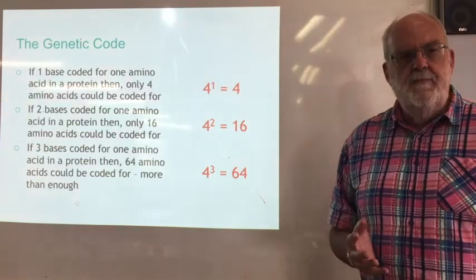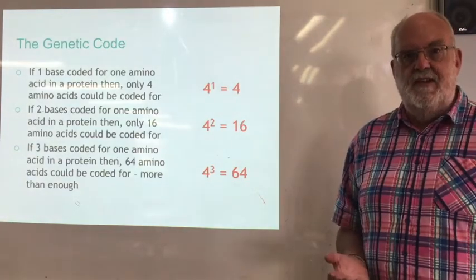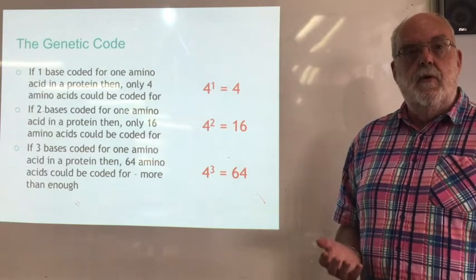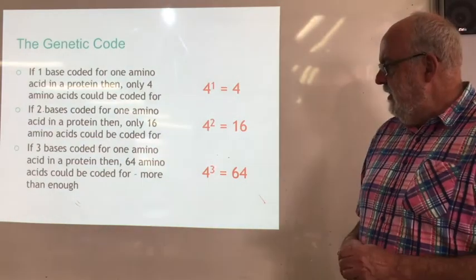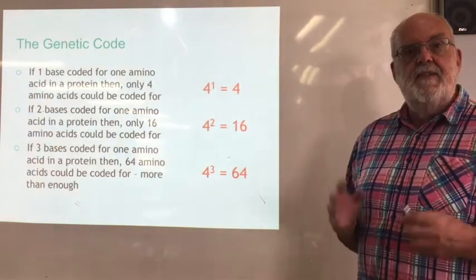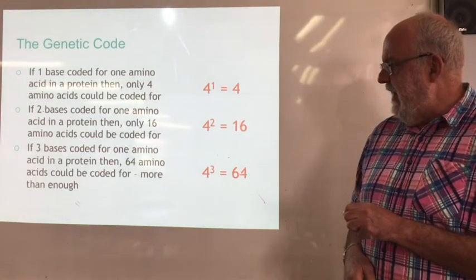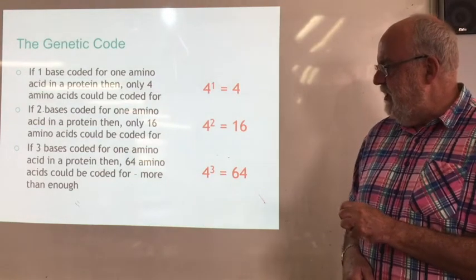If you thought of making the code for an amino acid 4 bases in a row, so 4 to the power of 4, you can work out what that will be. That's even more inefficient. We need 20, 16 is not enough, 256 is too many, so 3 is the best we can do.